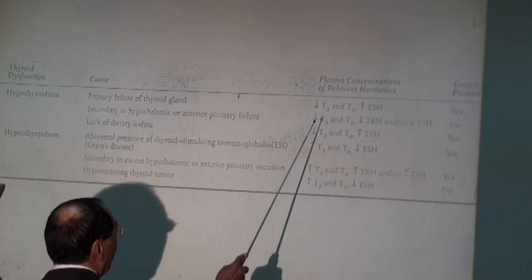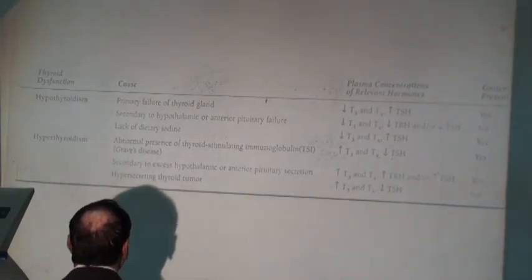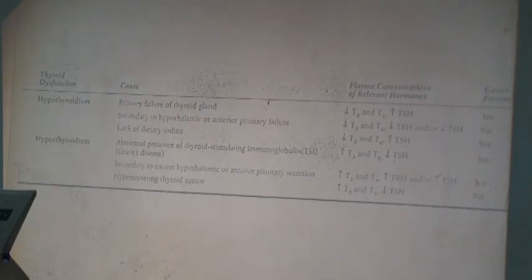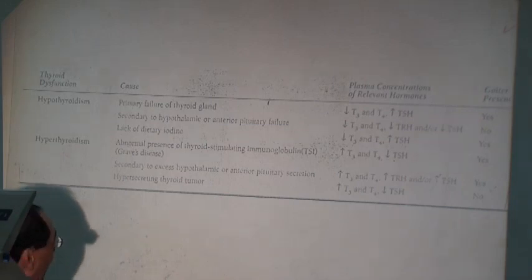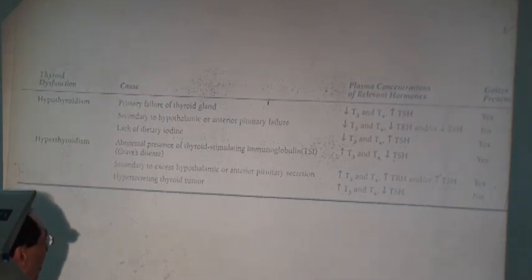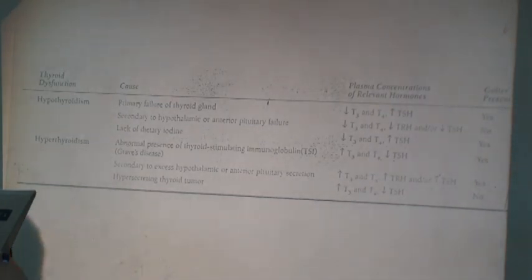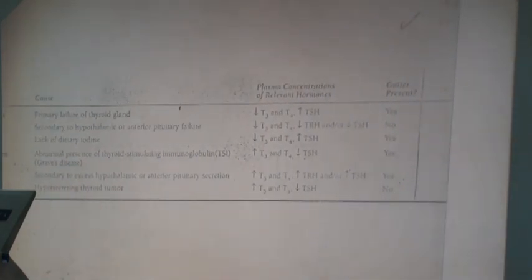Then cretins: hypothyroidism occurs when T3 and T4 are low. These cretins are usually mentally retarded. But hyperthyroidism occurs when T3 and T4 are high, with symptoms of exophthalmos and goiter.